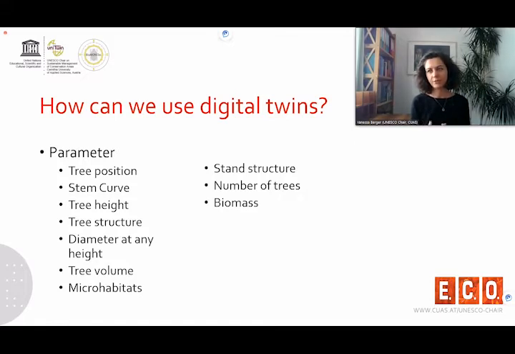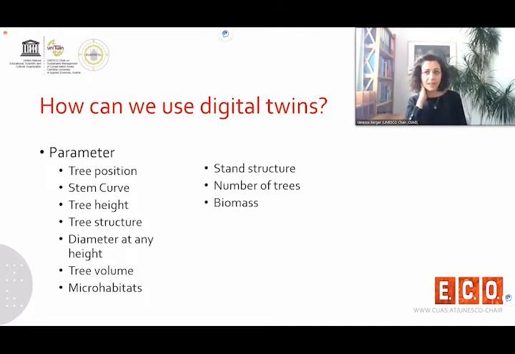Is it affected by other trees? And then stem curves. So how is the stem? So also special microhabitats which appear out of these stem curves. And then tree height, tree structure, which means where does the crown begin? So, how is the crown structured? Then the diameter at any height. Normally we measure out there just at one height. With TLS, you can get it at any height.